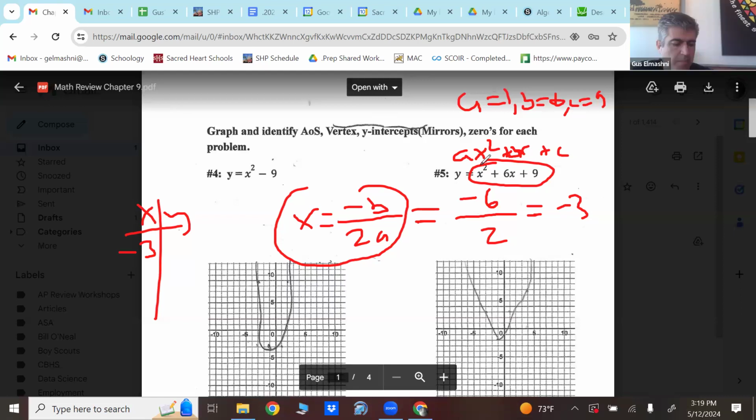Give me a second. Take your time. Wait, what do we plug in real quick? My bad, I lost track. Yeah, plug -3 into the equation.